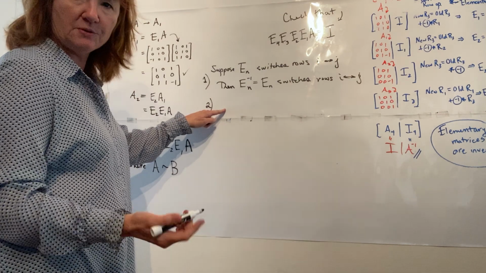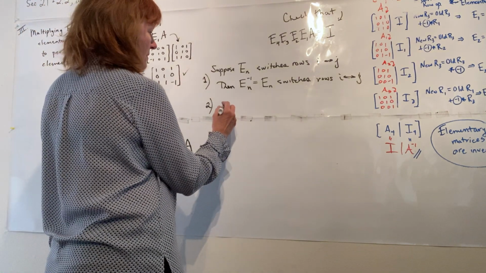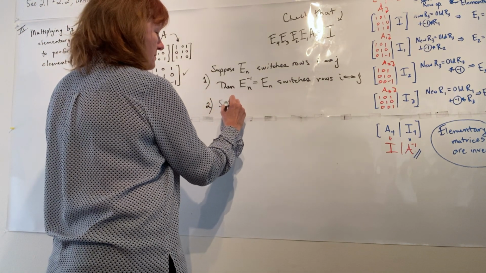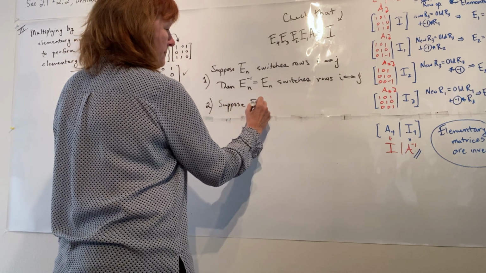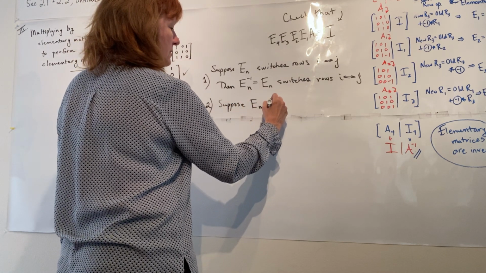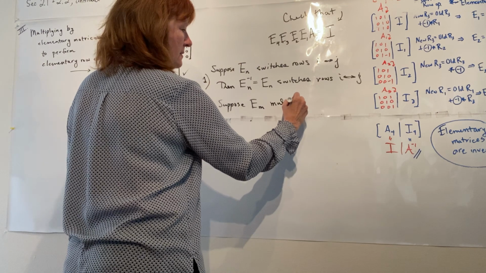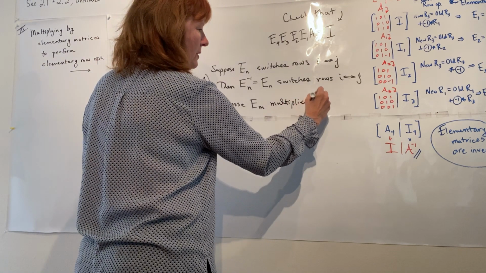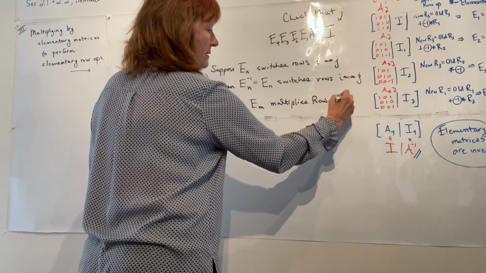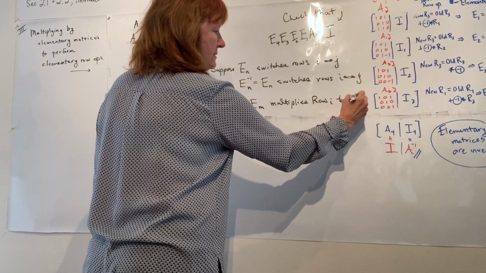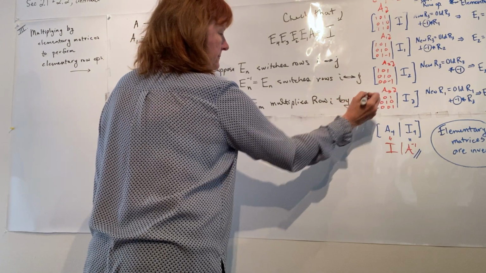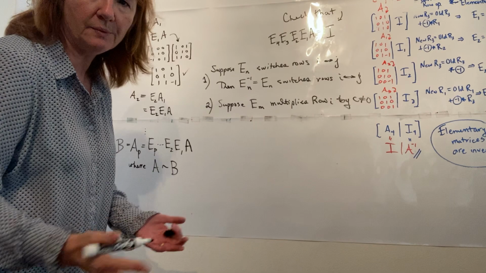What's another one? Multiplying by a scalar. So suppose Em multiplies row I by a scalar C that's not equal to 0. What would undo that?